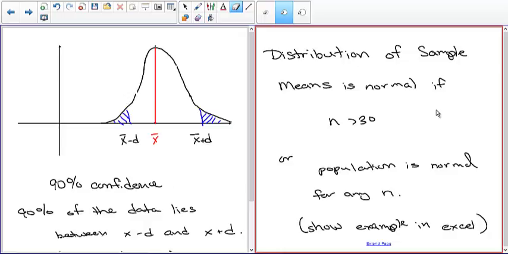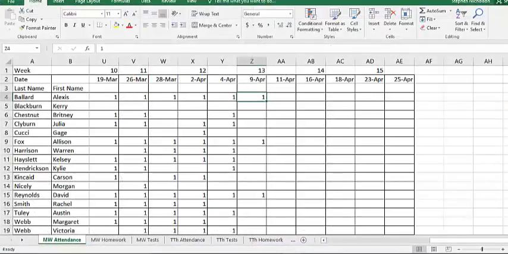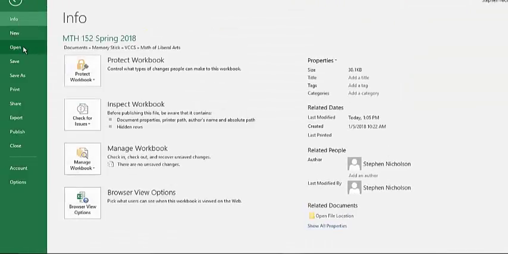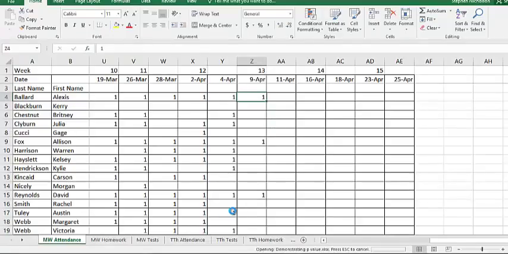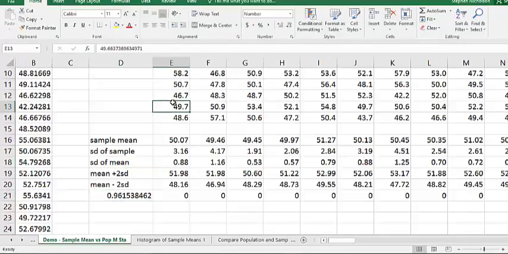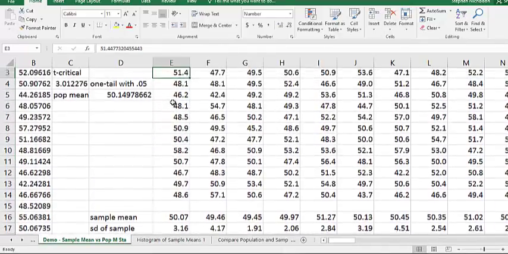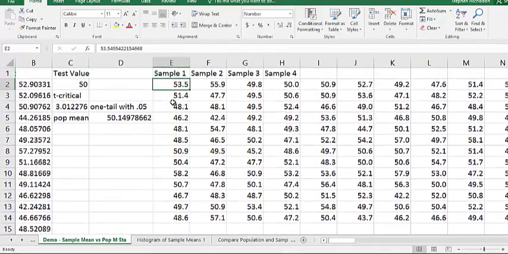Let me show you the spreadsheet that we were looking at the other day. I think I do remember talking about this, but we'll redo it just in case you weren't here. So let's see which one of these is demonstrating p-value. These are different samples. These are randomly selected 13 data points out of my population of 1,000. And I remember talking about this: about half of the data values are below the mean and about half are above the mean.